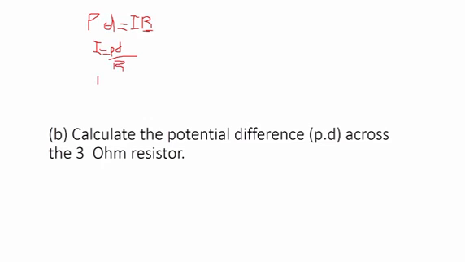So current is equal to, our PD there, we have 4 volts, and then the effective resistance there, we have 7 ohms. So we are using this formula to find the current. If you punch in the parameters, you're going to get 0.57.